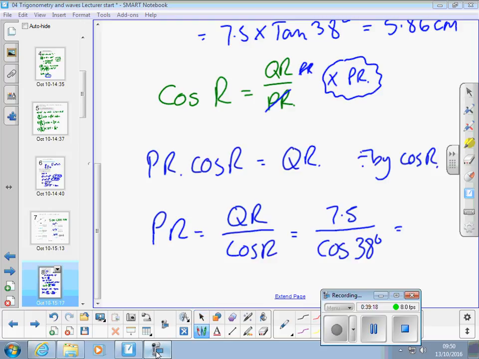Answer? Sorry? 9.518 to 4 significant figures. Yeah, centimetres.